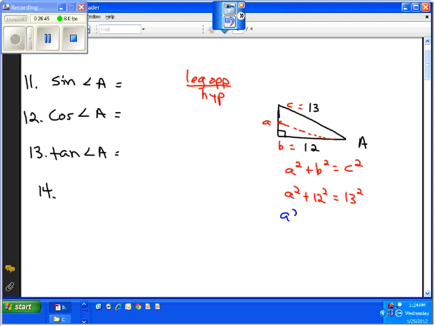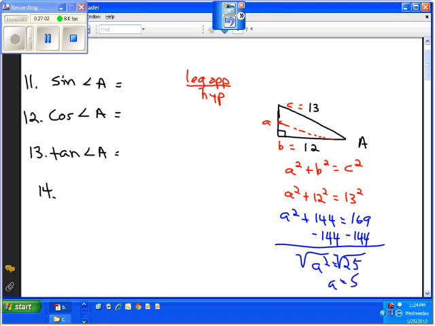So we get a squared plus 144 is equal to 169. Subtract 144 from both sides. We get a squared is equal to 25. Take the square root of both sides, and we get a equals 5.